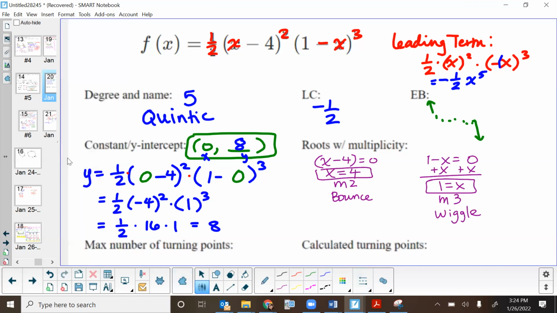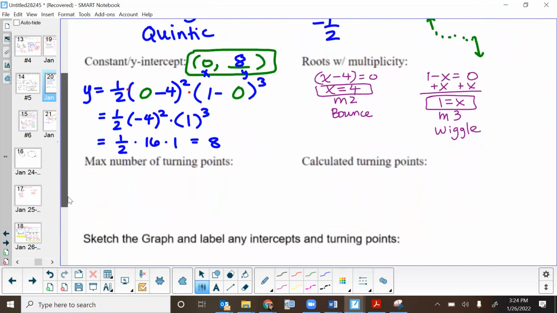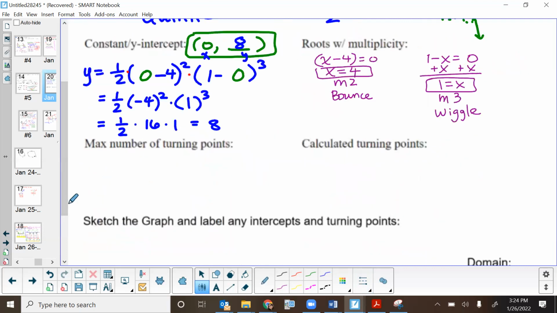You can show the work of adding 4 on both sides for the first one. And then maximum number of turning points is always the degree minus 1.